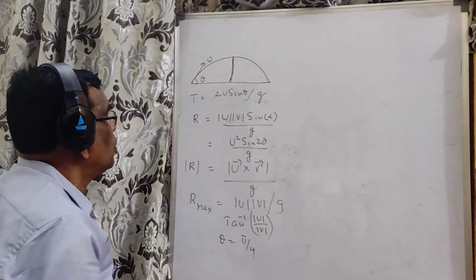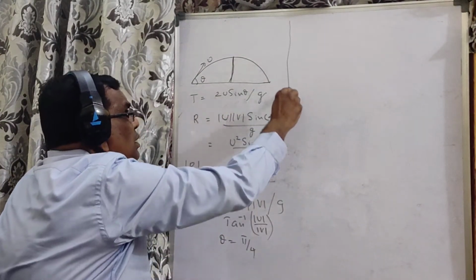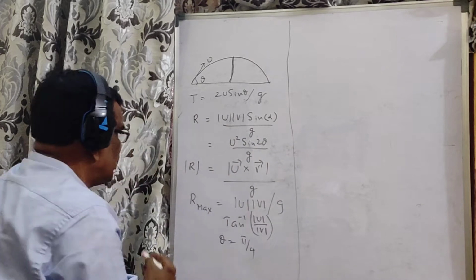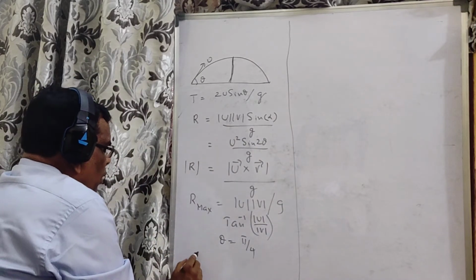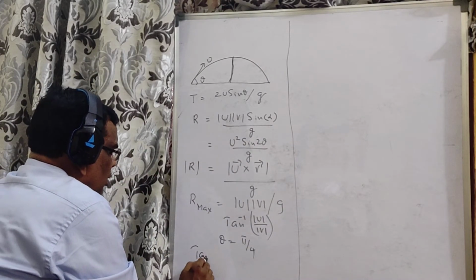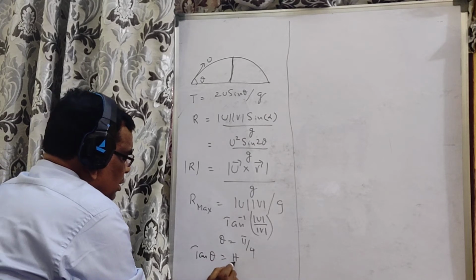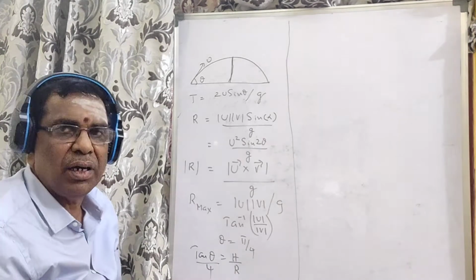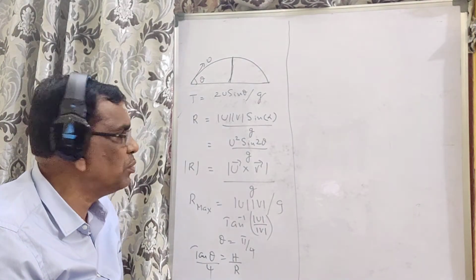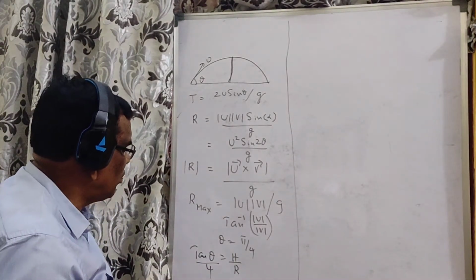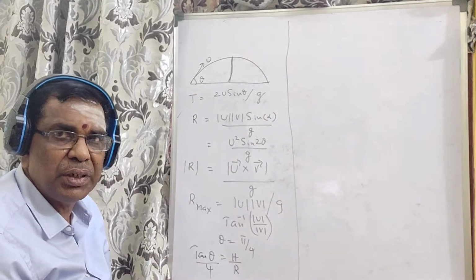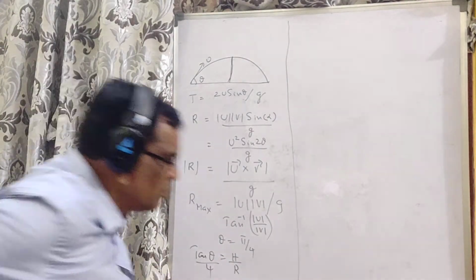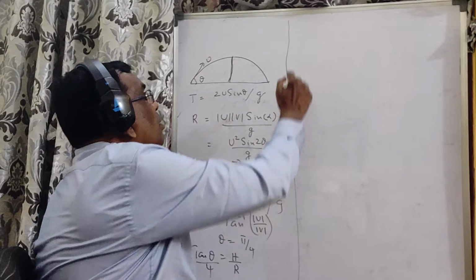I mean, this is well known to you. This is as far as that is concerned. And the same thing, you have tan theta is 4h by R, or tan theta by 4 is h by R. So you have the h expression, t expression, eta expression, all these things you have.